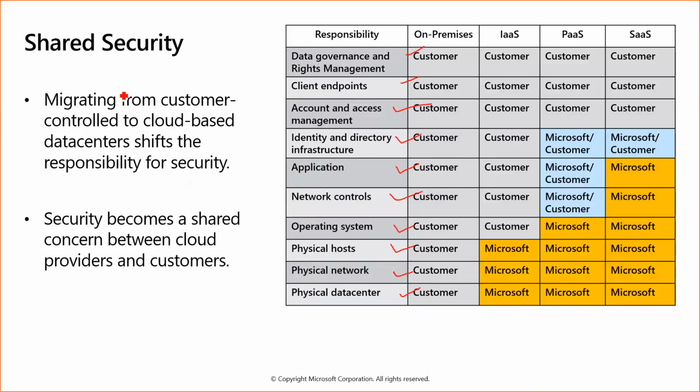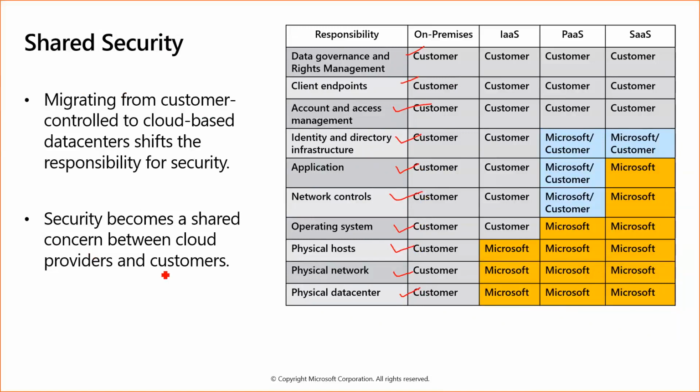So all these securities were the responsibility of the customer, but when we are migrating to cloud, certain security responsibilities are shared between the customer and the cloud service provider. Security becomes a shared concern.